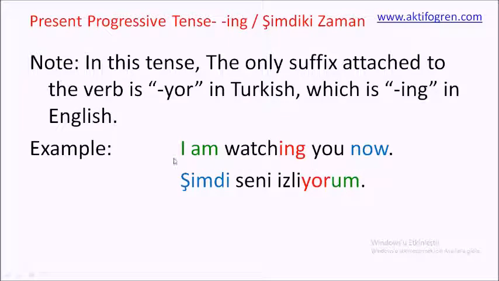So here, I am watching you now, which is, let's start with the adverb şimdi. Şimdi means now. Seni, you, izliyorum, I am watching. Şimdi seni izliyorum, which means now I am doing this. Okay guys, so yor is the suffix that comes at the end of the verb. So okay, I hope it's clear now for you.